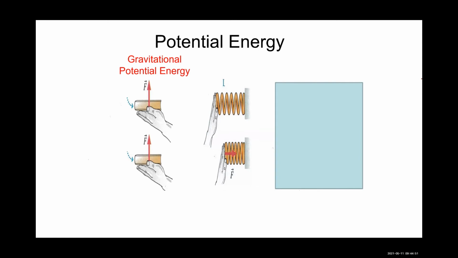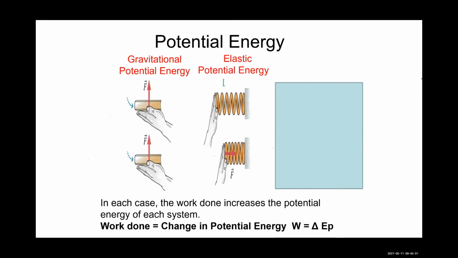At the same time, I exerted a force on that spring to make it move through a distance. Notice what's happened in both of these scenarios. I've done work on the book or my phone, and work on the spring, exerting a force through a distance, and that's correlated to a change in potential energy. So the work done is equal to the change in potential energy of these objects.